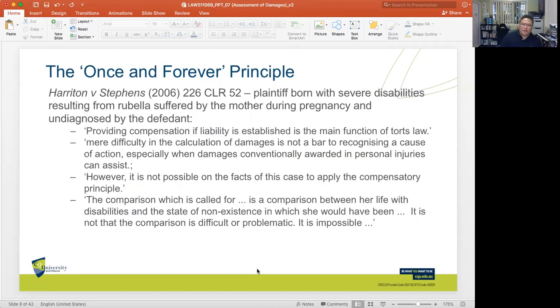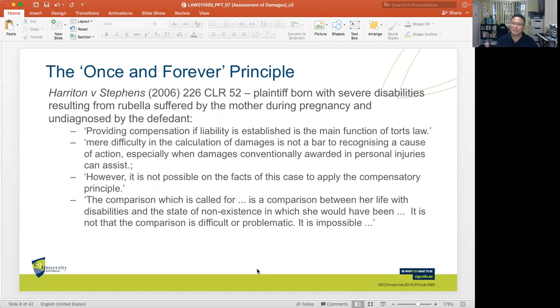Now, there is another case, Harrington versus Stephens, and in this case, they're almost similar, but it talks about a potentially unwanted pregnancy. The plaintiff mother was saying that had she known that her child would be born with severe disabilities resulting from rubella, which had not been diagnosed by the defendant doctor, she would have terminated the pregnancy.